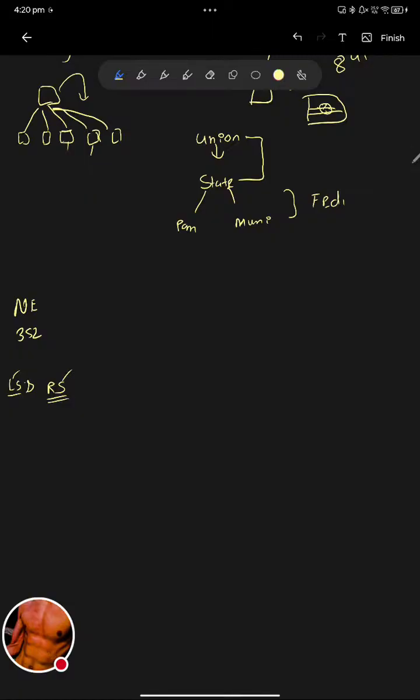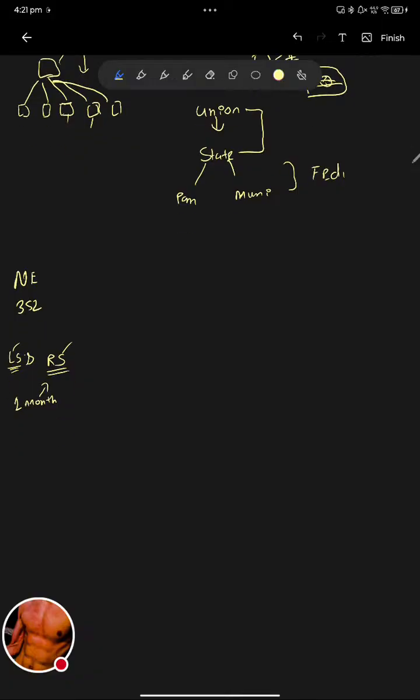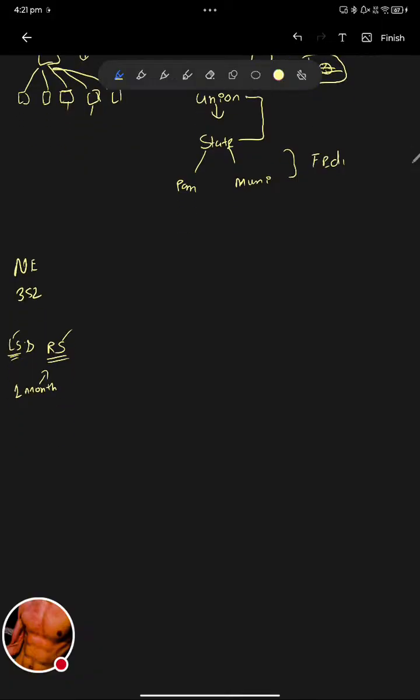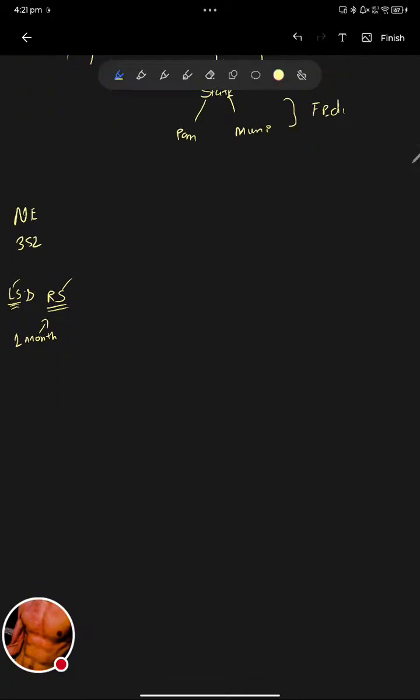But if the Lok Sabha is not present at that period, because it can be dissolved, then within a 1 month period, after the Lok Sabha forms again, they have to do this whole meeting again. So the national emergency needs Lok Sabha and Rajya Sabha approval within a 1 month time period.